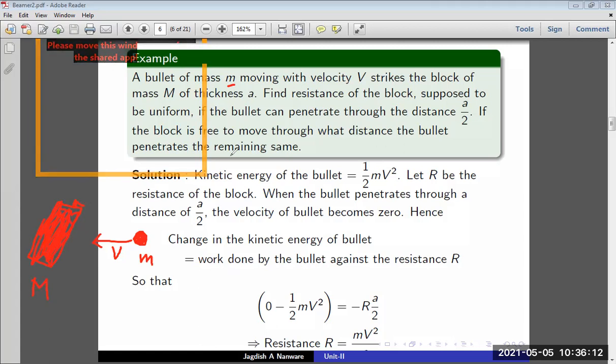Then we have to find the resistance of the block whenever this bullet hits or strikes this block. This block itself has some resistance, so we have to find that resistance.